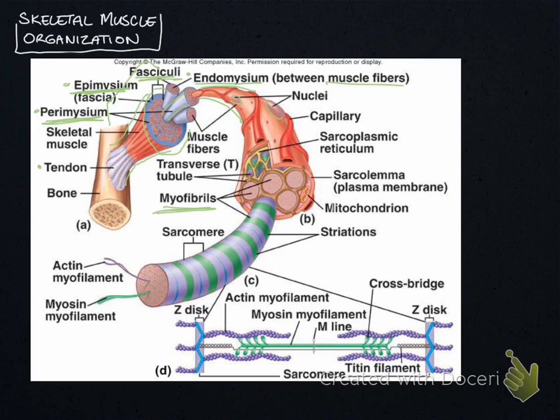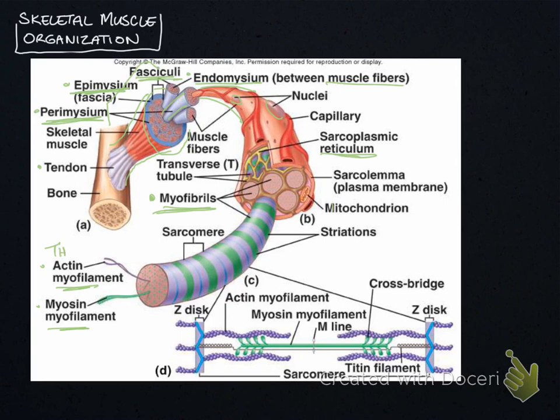Okay. And here there are some other interesting features that we can see. We can see the sarcoplasmic reticulum, which is sort of like a casing surrounding the bundles of myofibrils. And if we pulled out a single filament from the myofibrils, we can see them here. There are basically two types, actin and myosin.